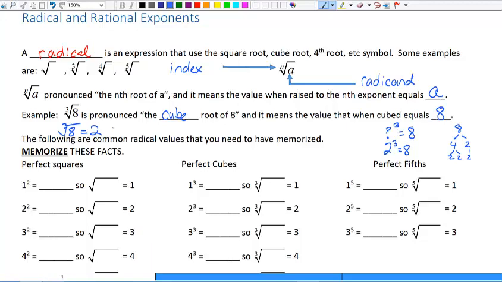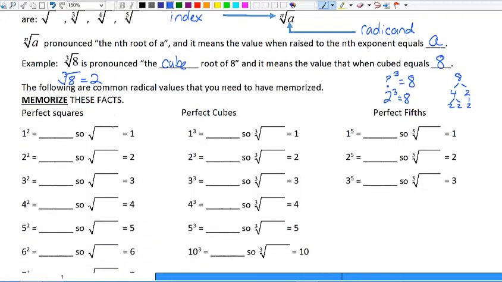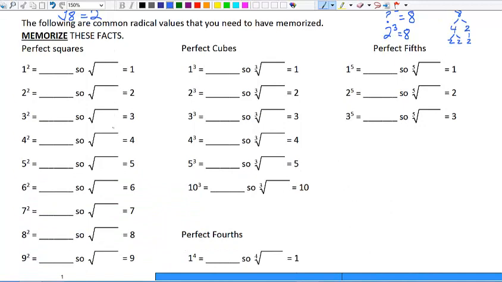Now we're going to need to memorize a lot of the facts of perfect squares, perfect cubes, perfect fourths, and perfect fifths. So I'm going to make a list of those for you so that you can start memorizing them. The first one says 1 squared is 1. Therefore, the square root of 1 is 1. Now we call this a square root. The number in the index is a 2.